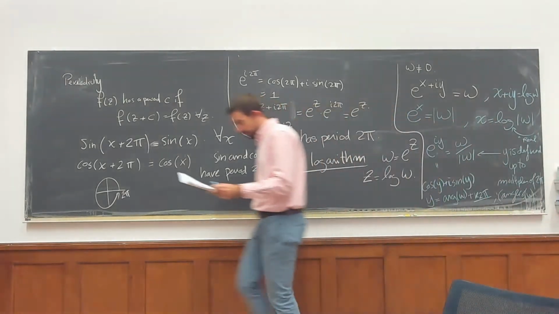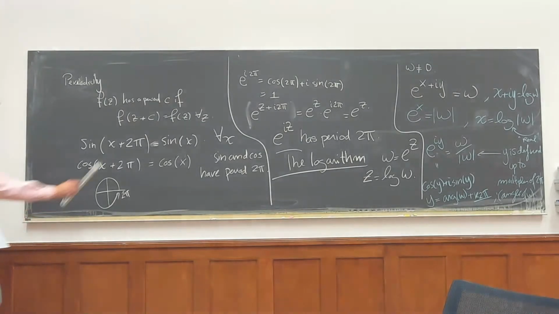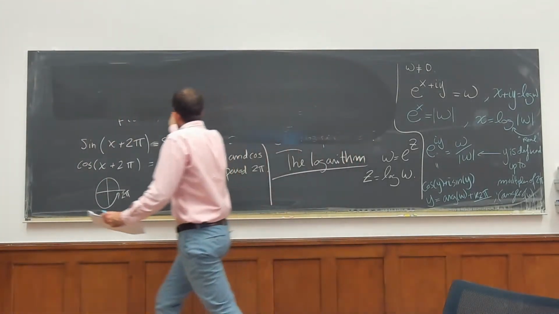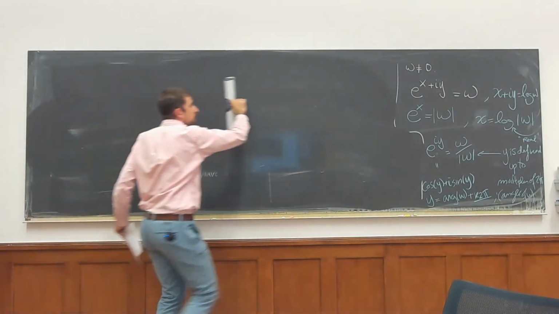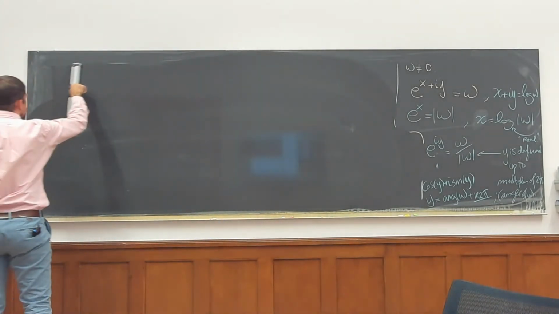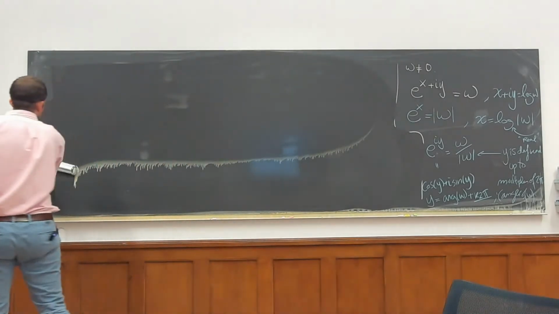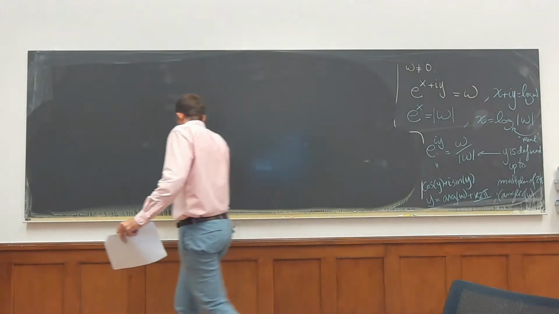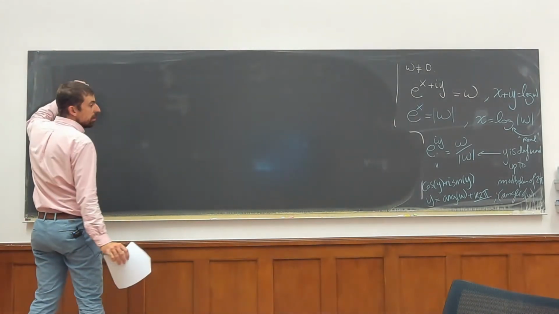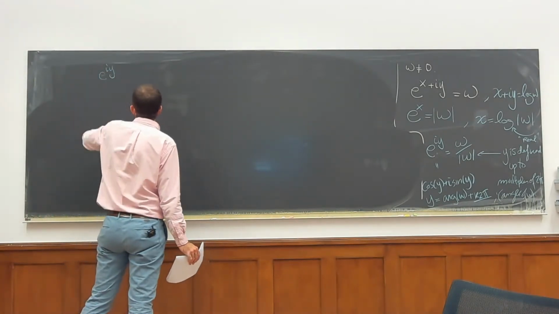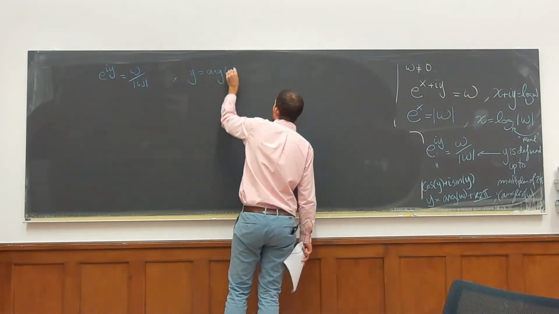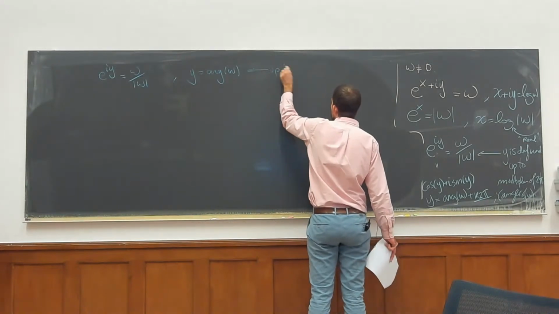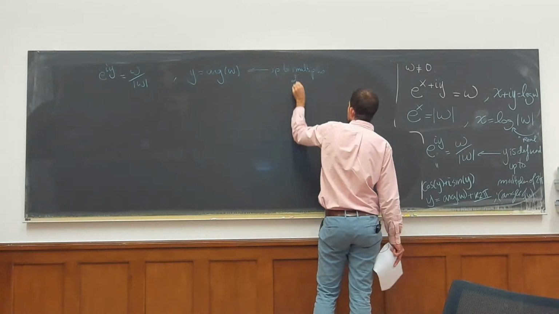Okay, so let's make this a bit more clear. This means in particular that, let me write this way: if I have e to the iy equals w over the absolute value of w, then effectively y is equal to what we call the argument of w, up to multiples of 2 pi.